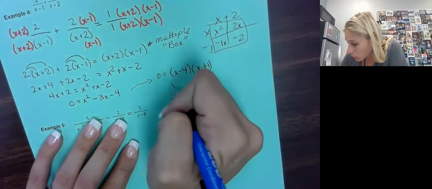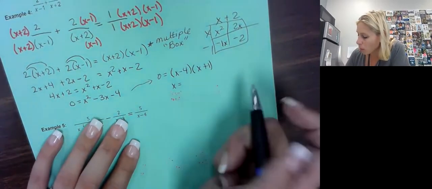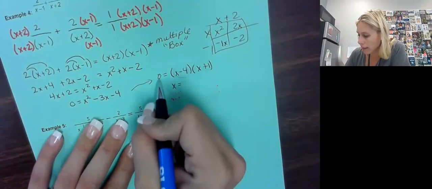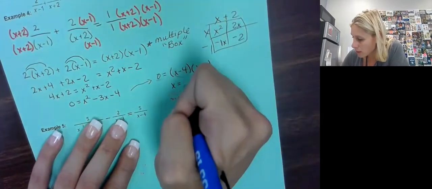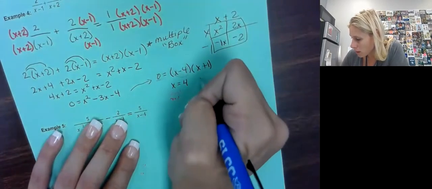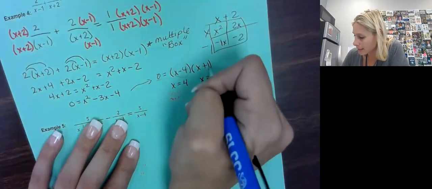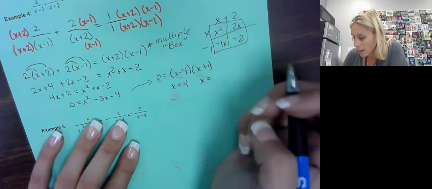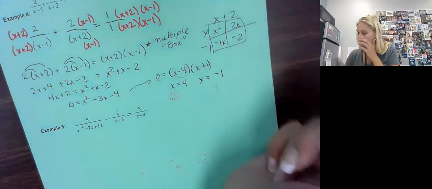So my solutions, well, what makes this part 0, right? What makes it 0? 4. And what makes this 0? Negative 1.